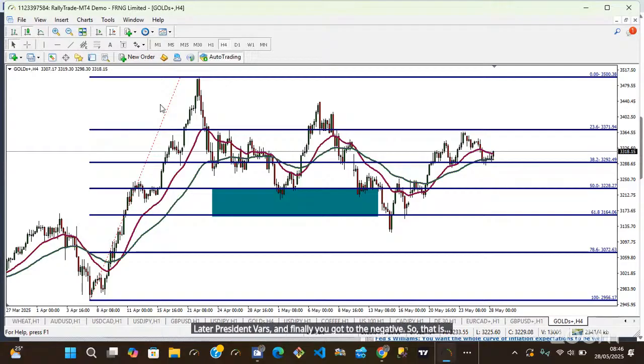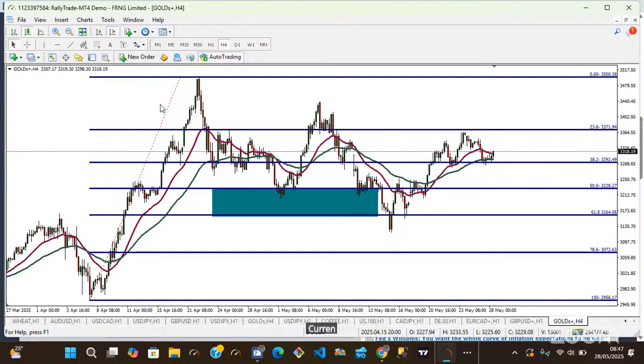Gold is very volatile. Indices are even more volatile than gold. So with volatile instruments, our main job is to get our entries right, to an extent.